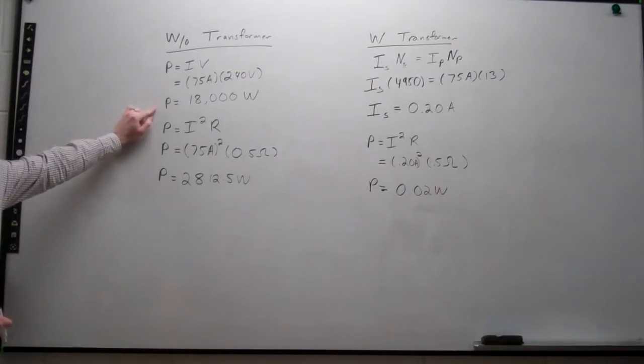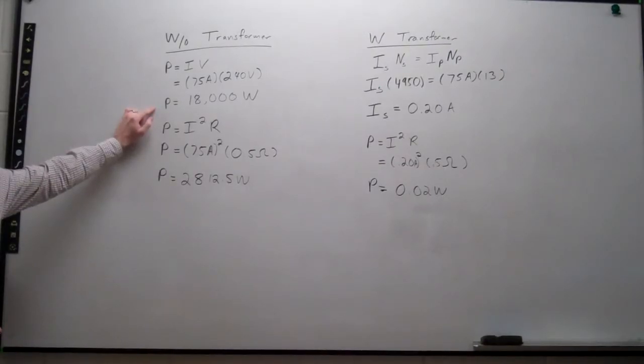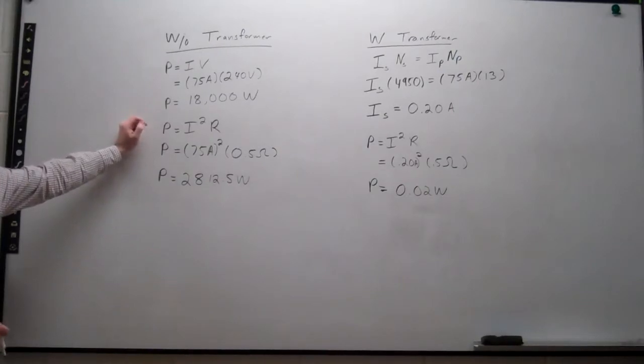So for every 18,000 generated with the transformer, only 0.02 watts is lost instead of 2,800. So you see how that makes a big difference? That's one of the main reasons why AC current is used pretty much everywhere: when you transmit it from the power station to someone's house or business, you lose significantly less energy.